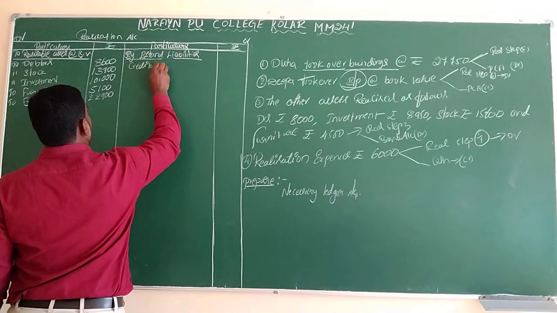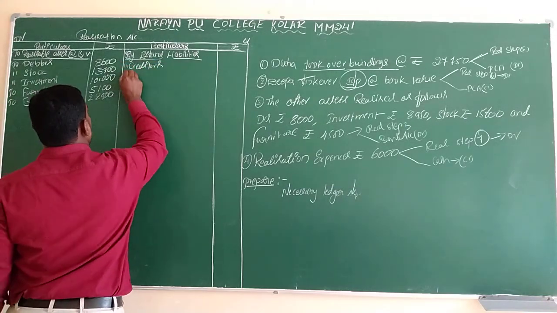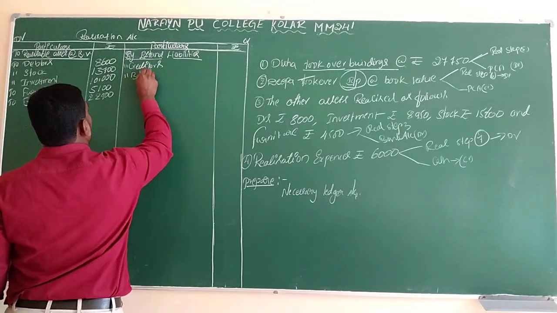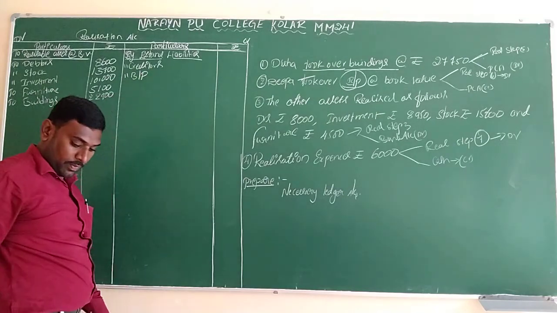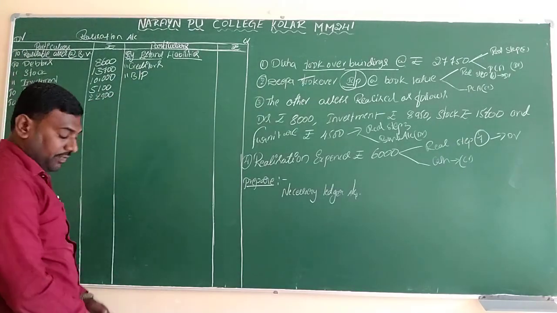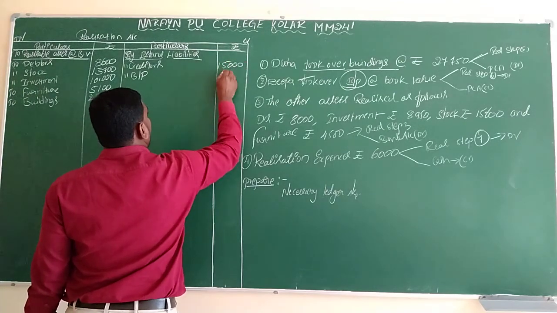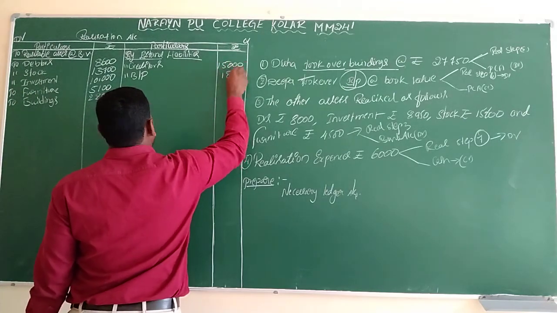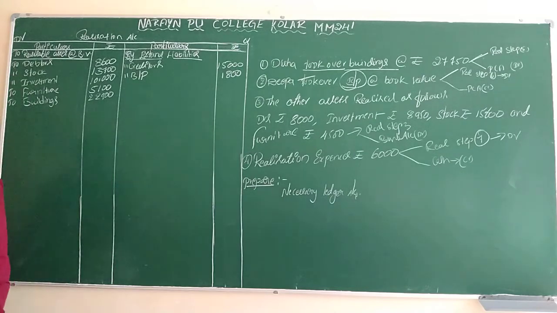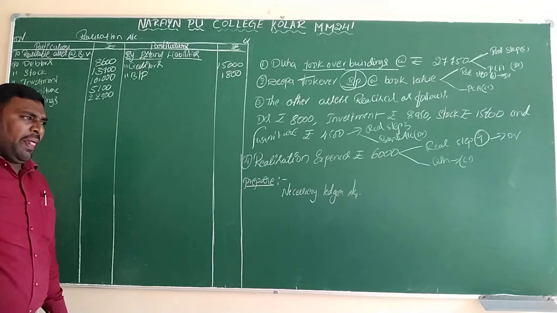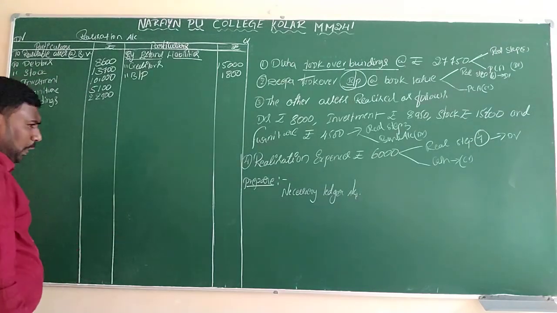By creditors, by bills payable. The value of creditors is 15,000 and the value of bills payable is 1,800 rupees. We have only 2 liabilities, and 5 assets which should be ready to realize, and the liabilities also have to be taken. This is about step number 2.